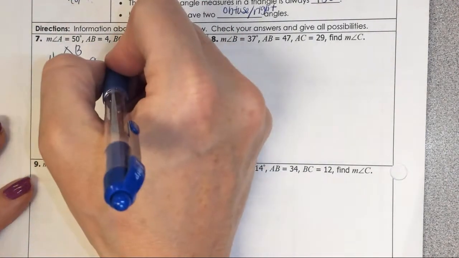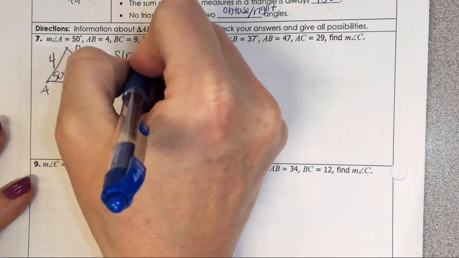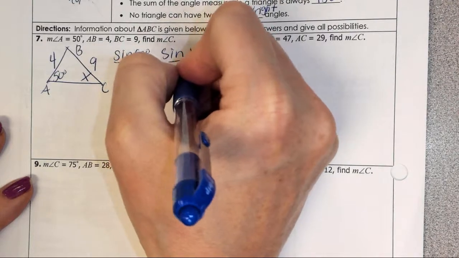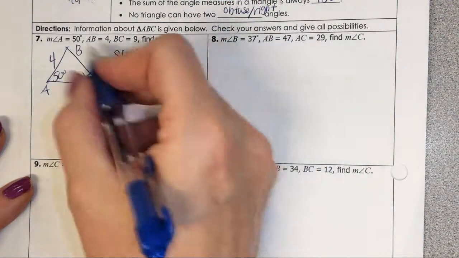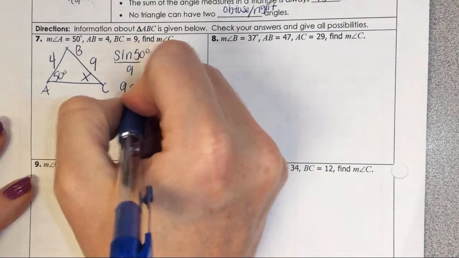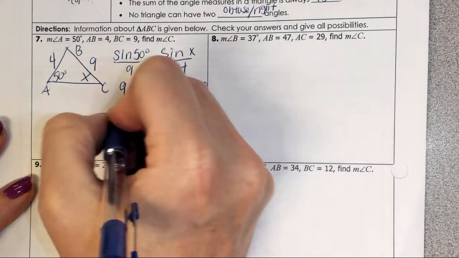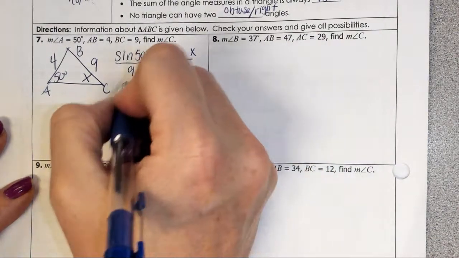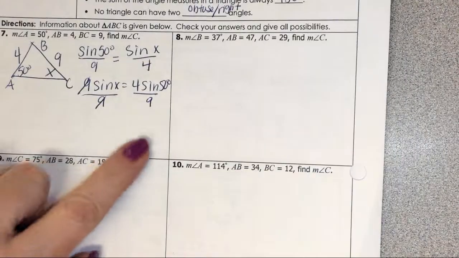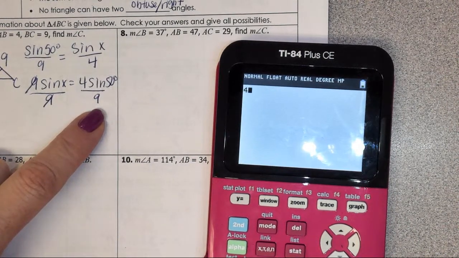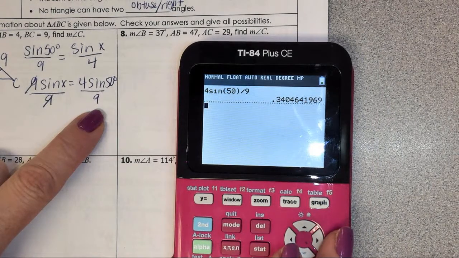So when I solve this, I would do the sine of 50 over 9 equals the sine of X over 4. I cross multiply. I'm going to get 9 sine X equals 4 sine of 50. I divide by 9. So now I want to do this right here first. So in my calculator, I'm going to do 4 sine of 50 divided by 9, and it gives me this.